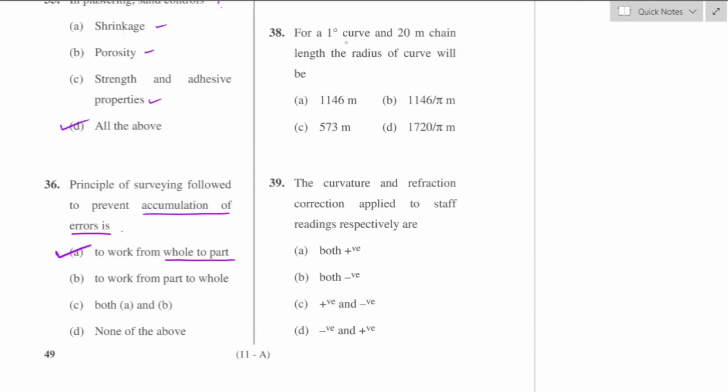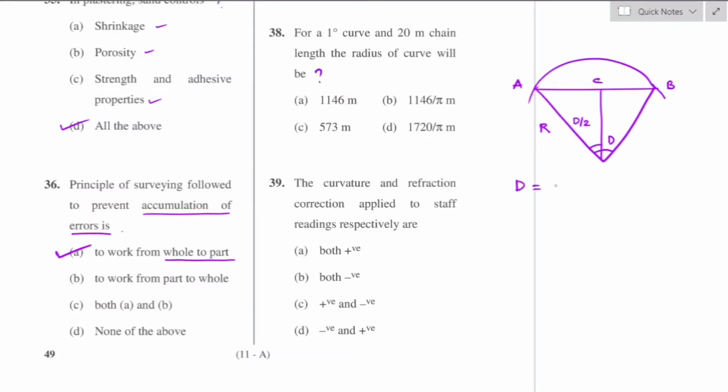Question number 38. For a 1 degree curve and 20 meter chain length, the radius of the curve will be. Since the degree of the curve is given as 1 degree, it is 1 into pi by 180, which is equal to pi by 180. So theta is equal to arc length divided by radius of the curve.